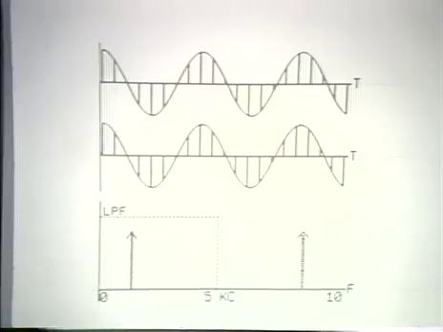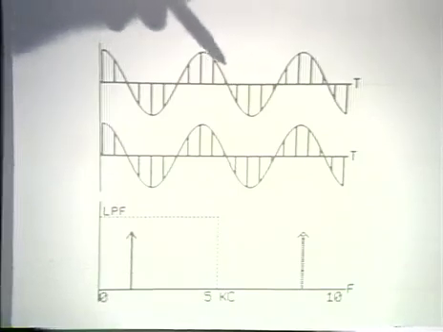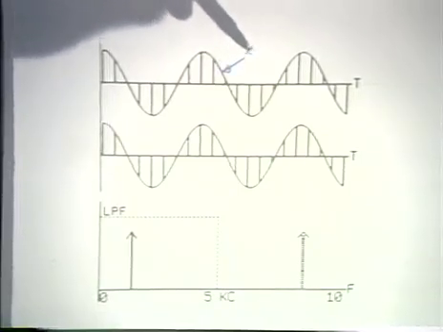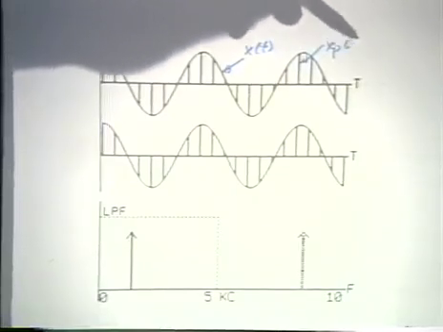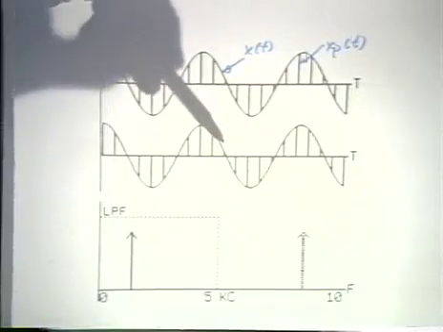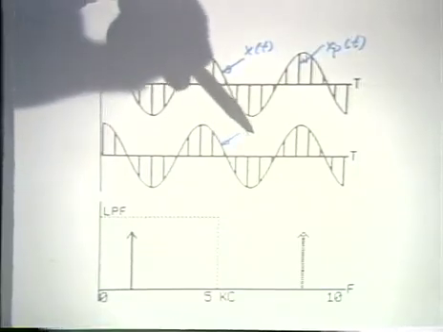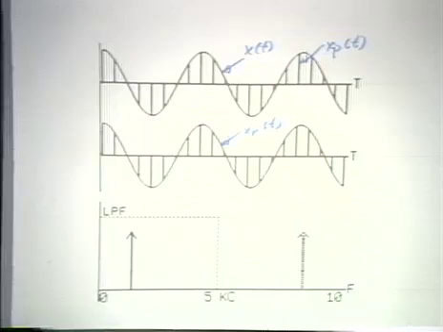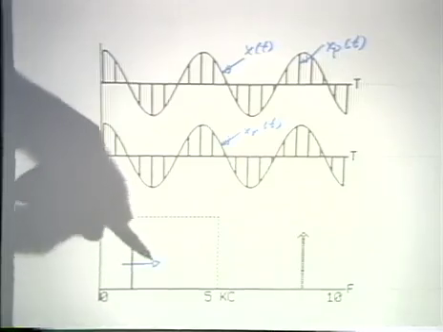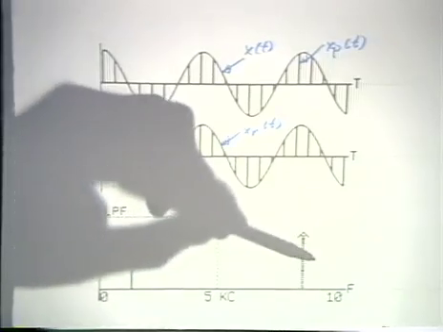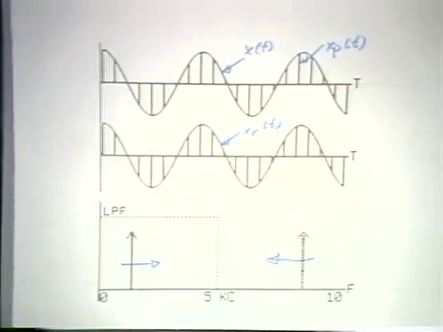So what we have is the input signal x of t and the impulse train x sub p of t, and then the reconstructed signal is the output from the low-pass filter, which I denote as x sub r of t. Now, as the input frequency of x of t increases, this impulse moves up in frequency, but this impulse moves down in frequency.